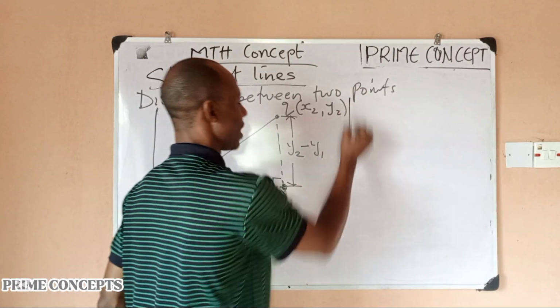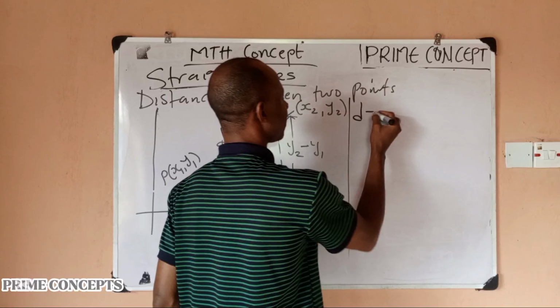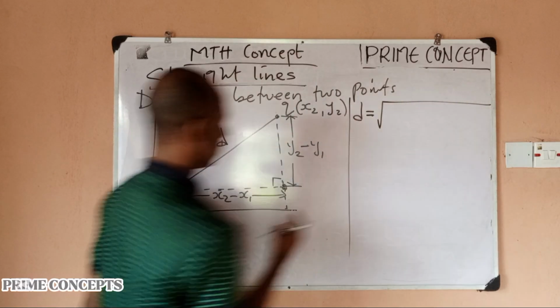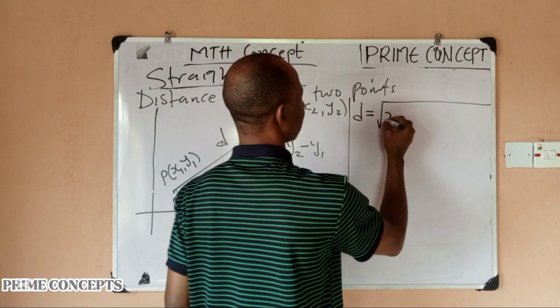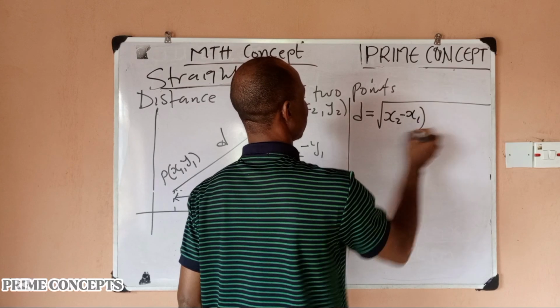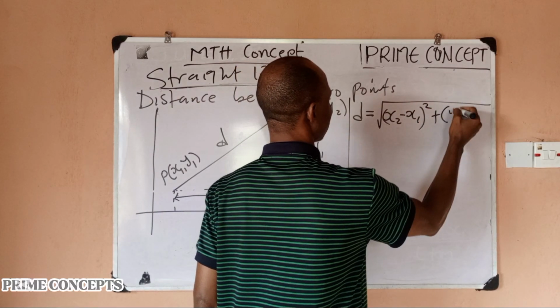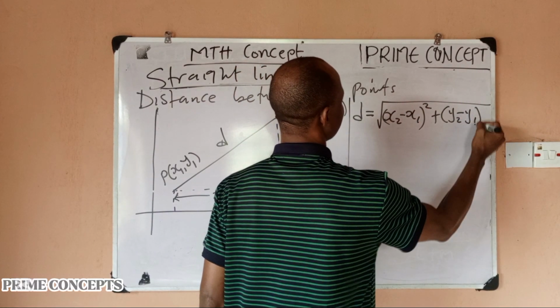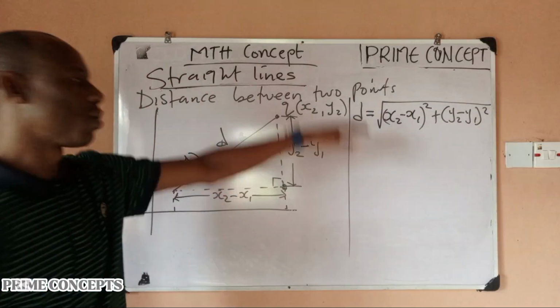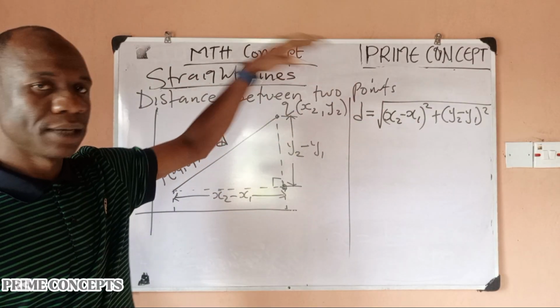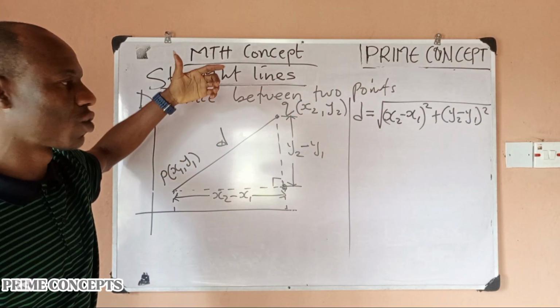So using that, we have that D should be X2 minus X1 all squared plus Y2 minus Y1 all squared. So this is how we can find the distance between 2 points of a straight line.